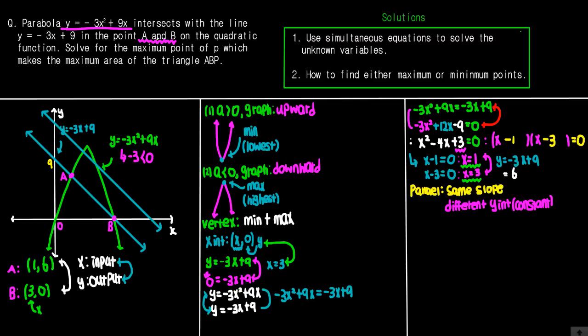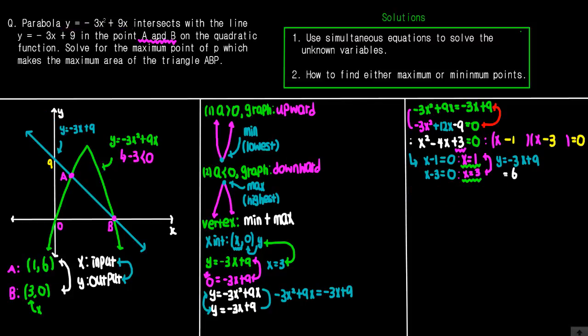So for solving for a point P, which will be included in our new function, if we write our original function down, y is equal to negative 3x plus 9. Our constant should be different, but with the same slope. So we can simply set our constant, which is our y-intercept, as k, because it is a constant without any variables.